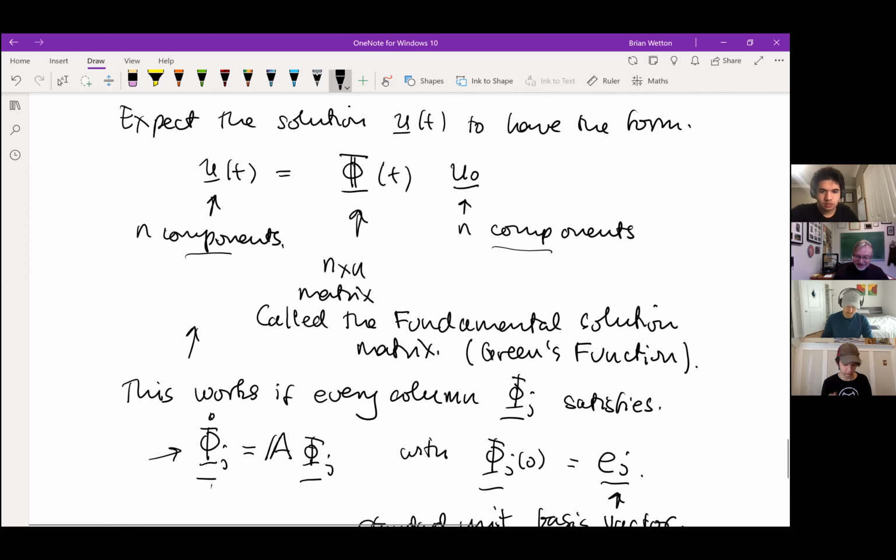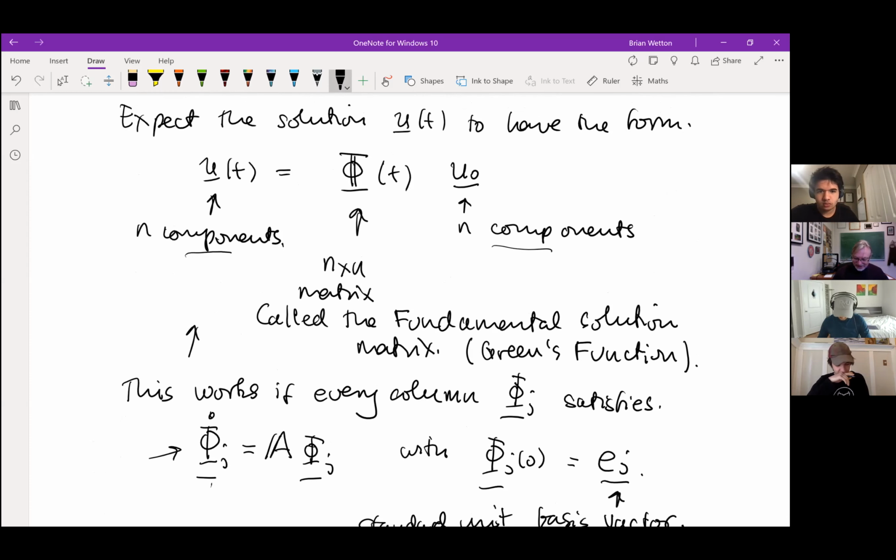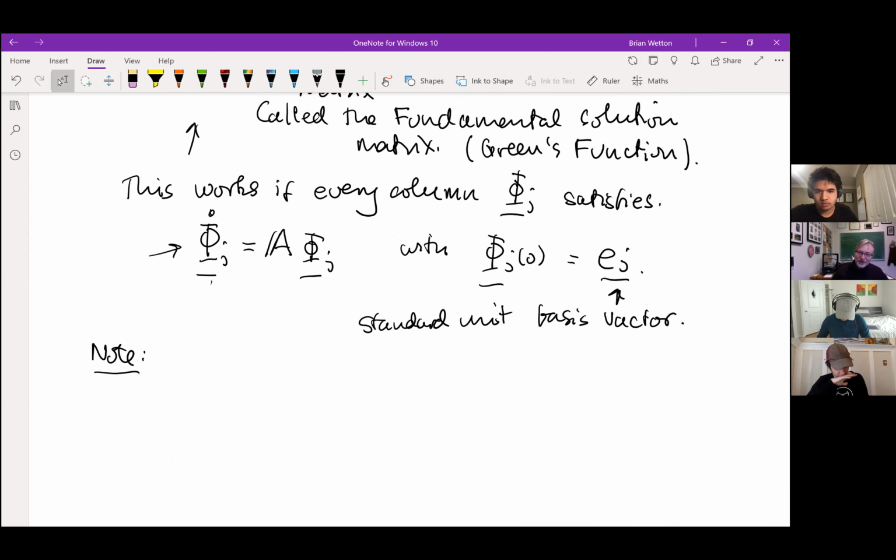And my claim is, if I put it all together, that I will get something that solves any initial value problem. Okay, well, you're solving the initial value problem for a basis for the initial conditions. So of course it makes sense that if you put all that together, you're going to be able to do this. So let's note a few things.